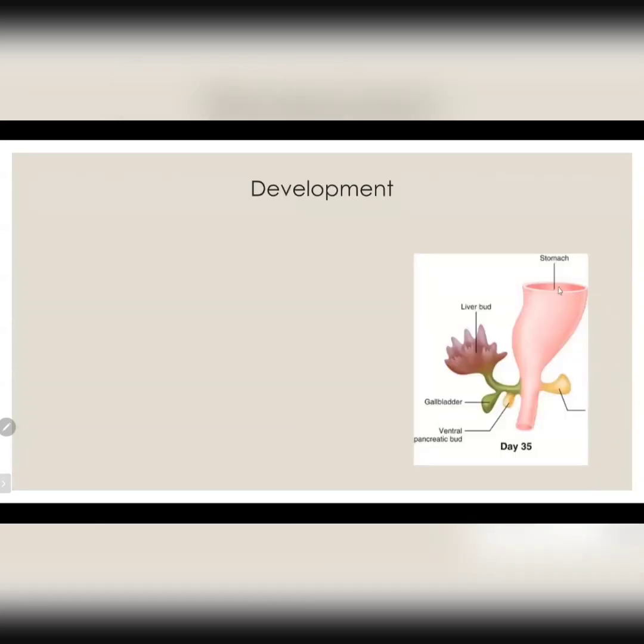Development of the liver is from an area called the liver bud or the hepatic bud. Usually all students will remember the liver bud, but you also need to know the liver bud arises from which structure. So in the embryo, around the 30th day, the hepatic bud will arise from endoderm of foregut.